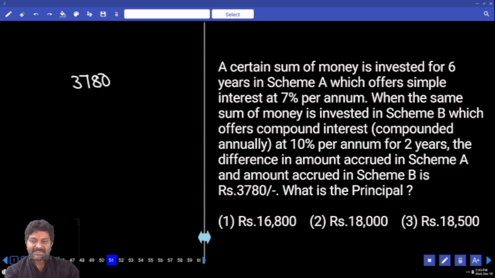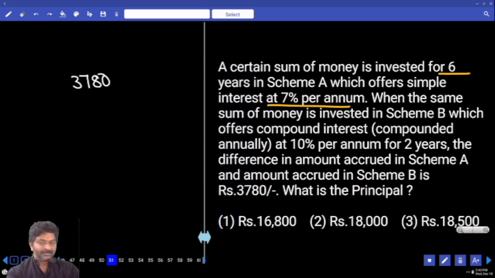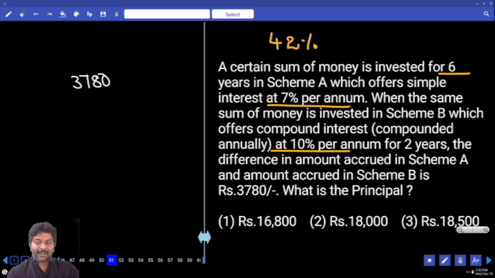First scheme is given at 7% per annum and for how many years? How much simple interest do we get? 42%. Second one is given at 10% per annum, compound interest for 2 years. How much interest do we get? 21% compound interest.